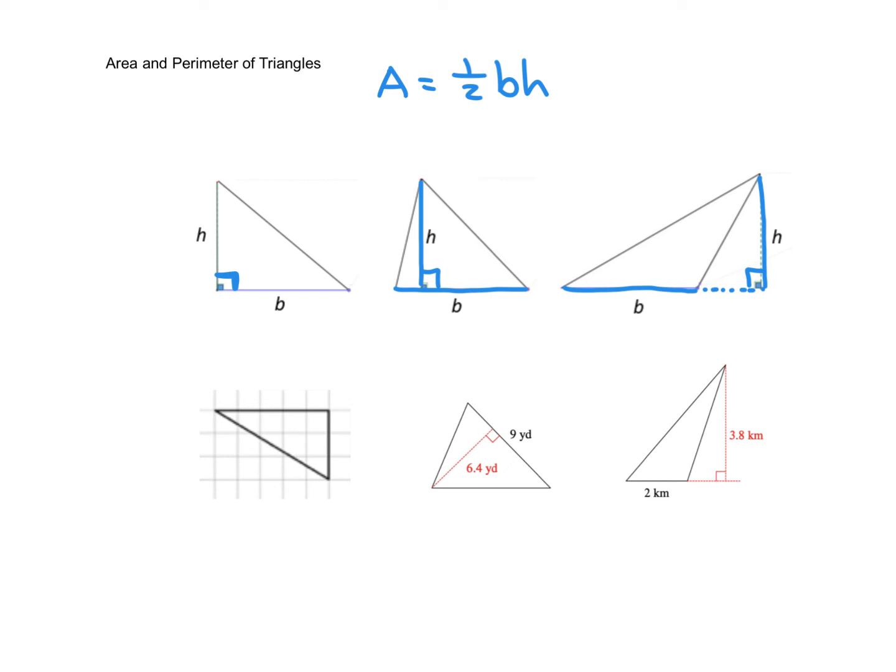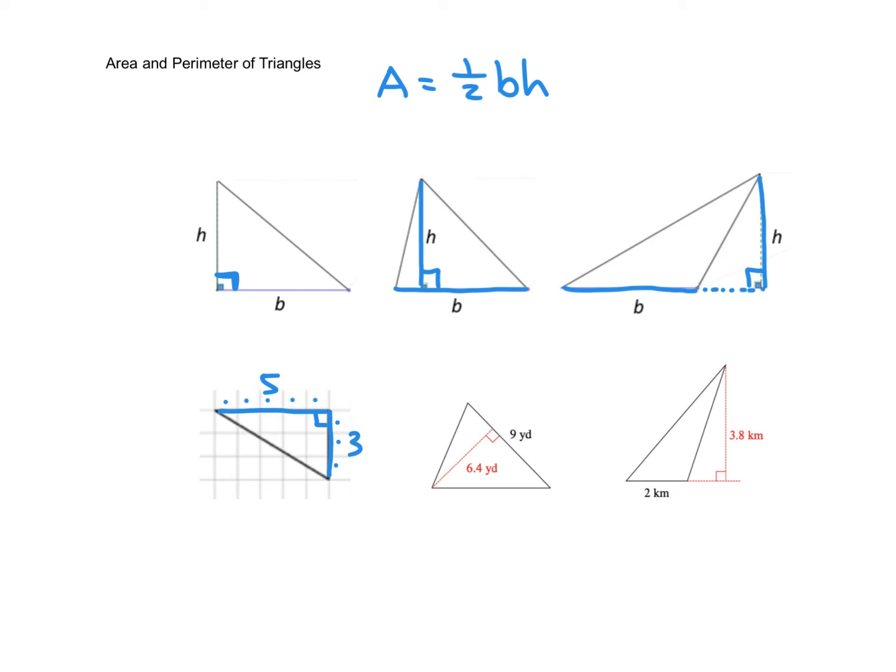So let's take a look at these examples. In the first figure on the bottom left, we have a grid that's going to help us find the side lengths. My right angle is right here. So my base and height are going to be these two sides because they form a right angle. One of those sides is 1, 2, 3, 4, 5, and the other is 3.